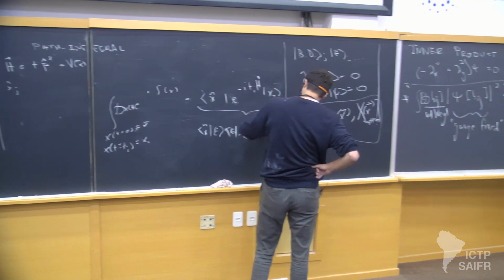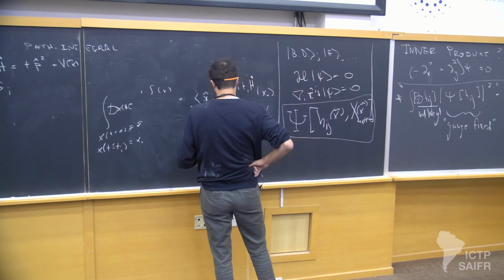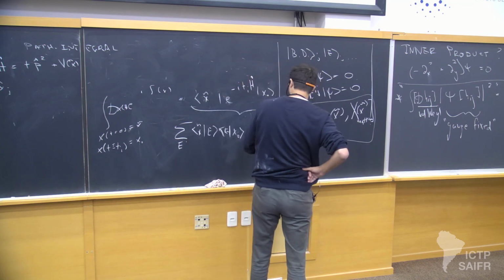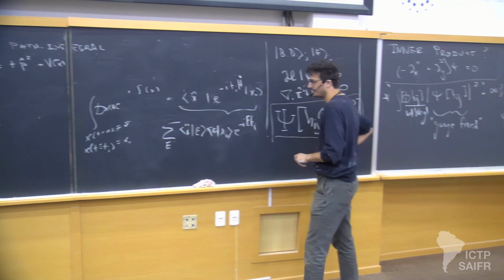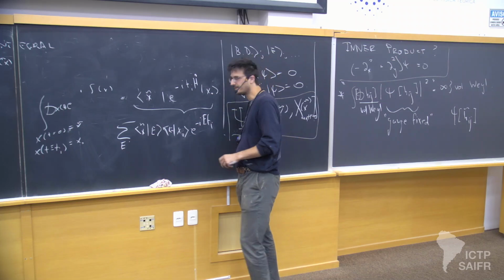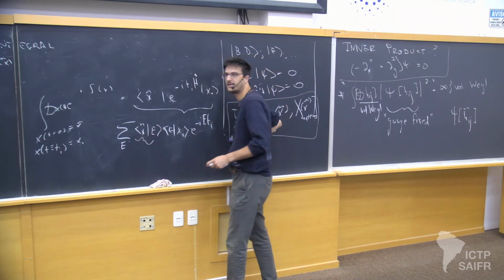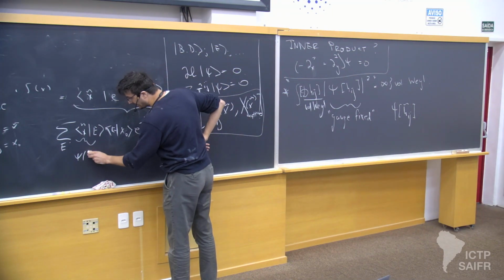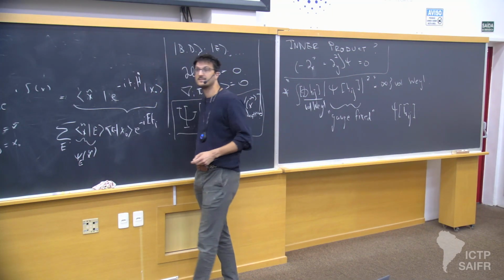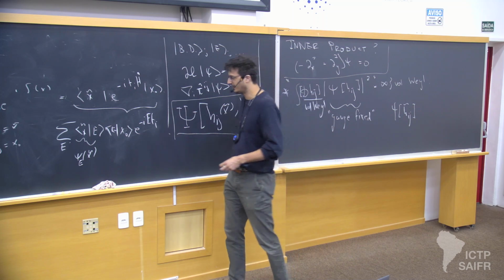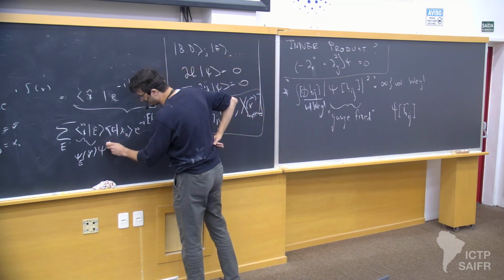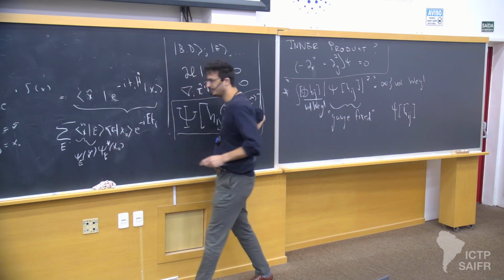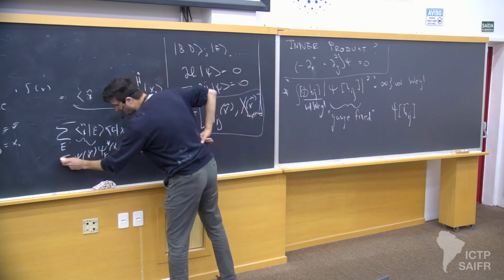Yeah, good old quantum mechanics. Sum over the energies, e to the i E t. Okay, so we have this object over here. Now this over here is nothing other than the wave function psi of x tilde, which is an eigenstate with energy E. And this over here is psi star of x naught with energy E. Yeah, so we have this sum over here.